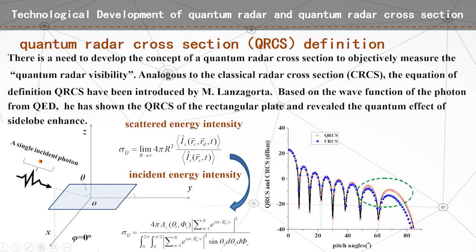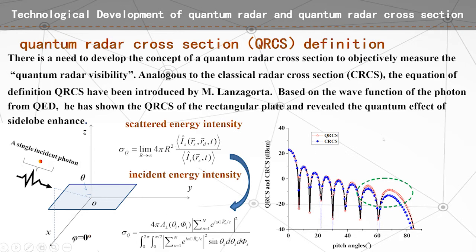In this slide we can see the scenario of incidence from a single photon, and that's the equation for the definition of QRCS. However, the definition equation is not very easy to use, so usually we will use that equation instead.